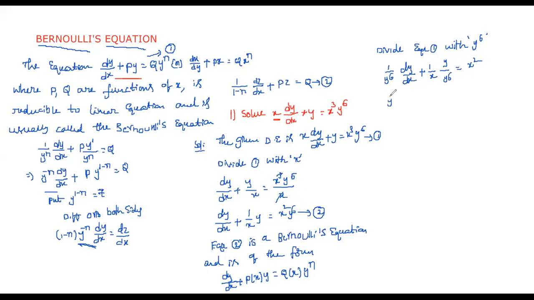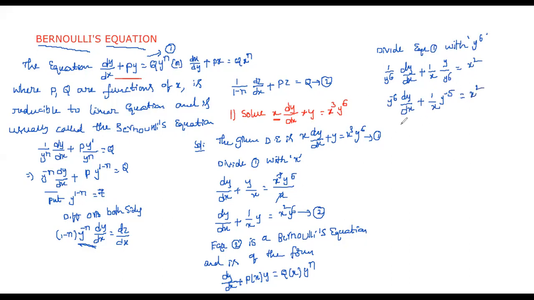And if you take this into the numerator, what will happen? y power minus 6 dy by dx, and then here it is 1 by x into y power 1 minus 6, that is nothing but minus 5, is equal to x squared.